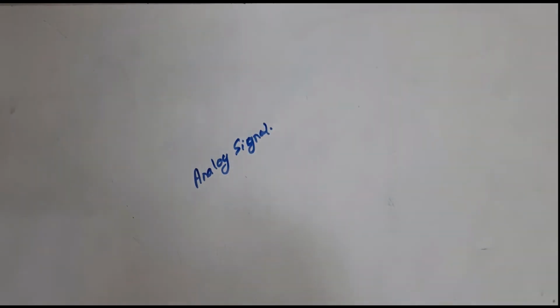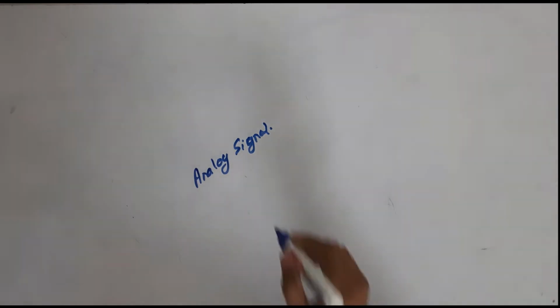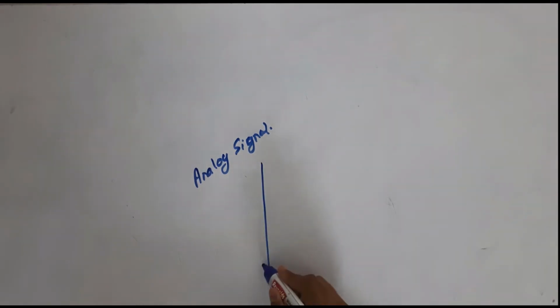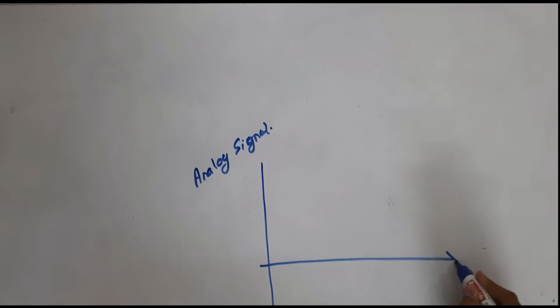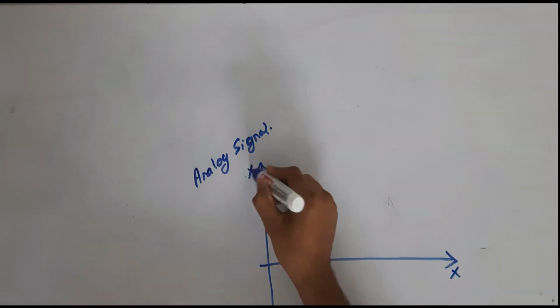So, an analog signal is a signal which can take any value between the defined limits at any instance of time. Let's plot a graph and try to understand how it will look on a timeline. This is the x-axis, this is the y-axis.